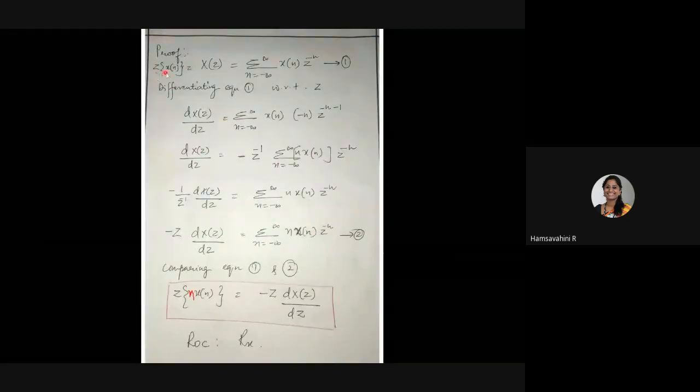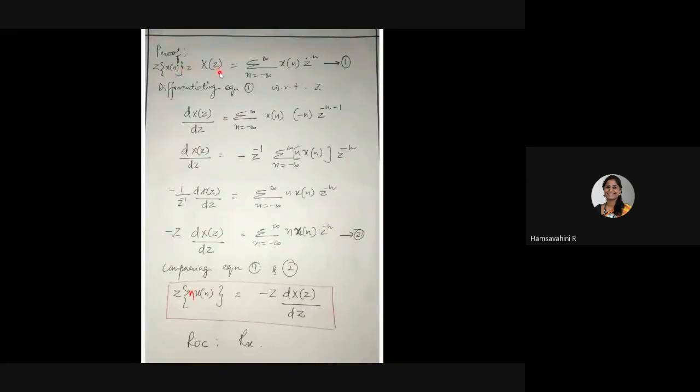We know the Z transform of x of n is given by x of z, the summation n equal to minus infinity to plus infinity x of n into z power minus n. Differentiating this equation with respect to z on both sides, I get dx of z by dz equal to the summation x of n, and differentiating, I get minus n z power minus n minus 1.